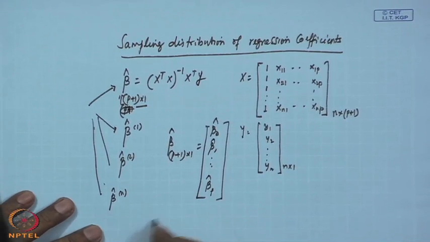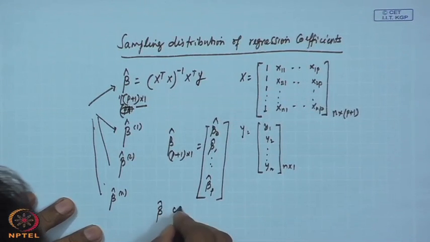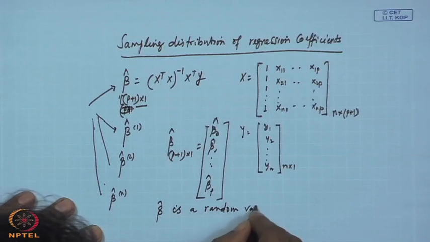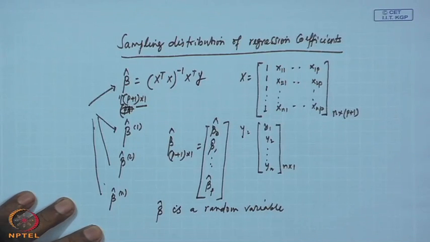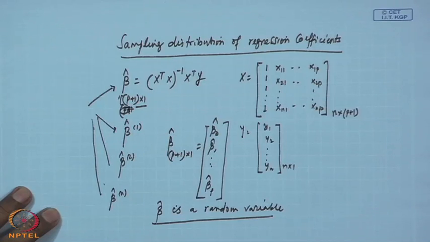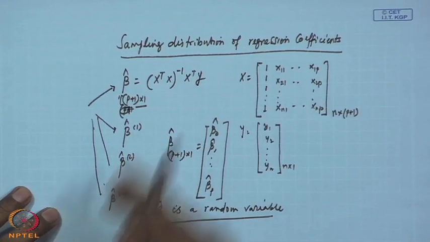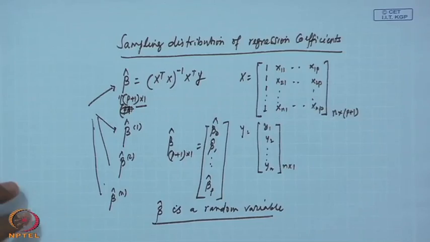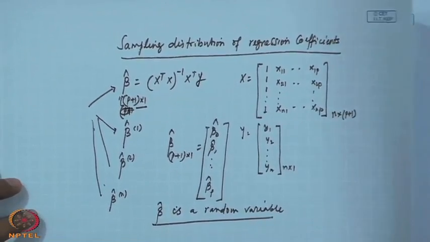So, beta cap is a random variable, and we want to know its distribution, and that is the sampling distribution of regression coefficient. And then using the distribution of beta cap, we will derive confidence interval and other things.